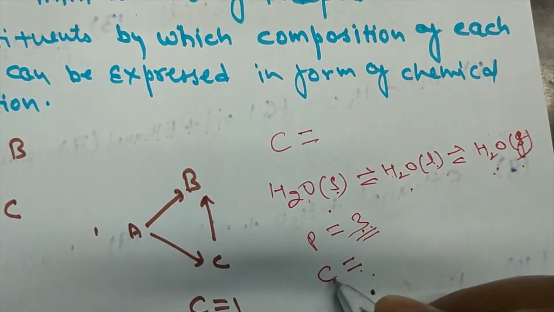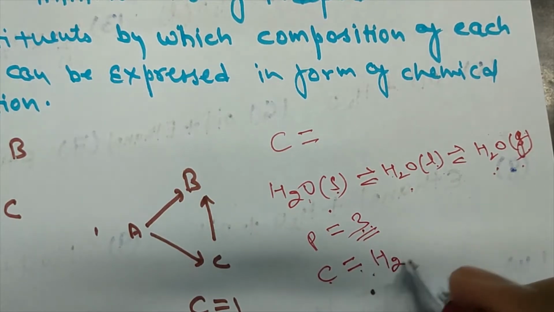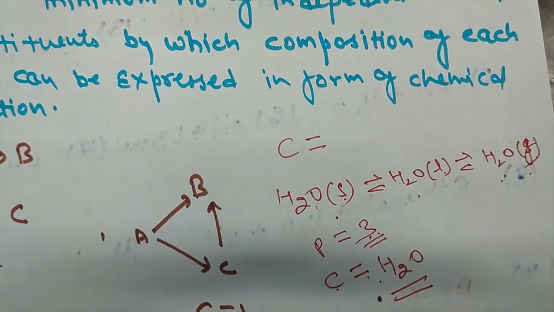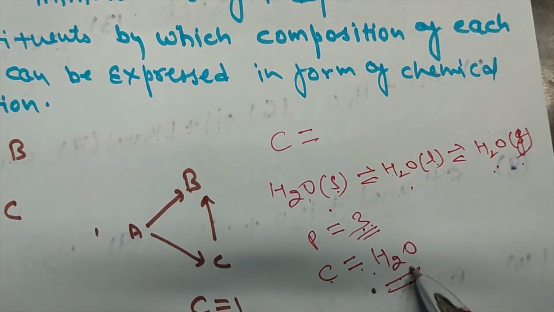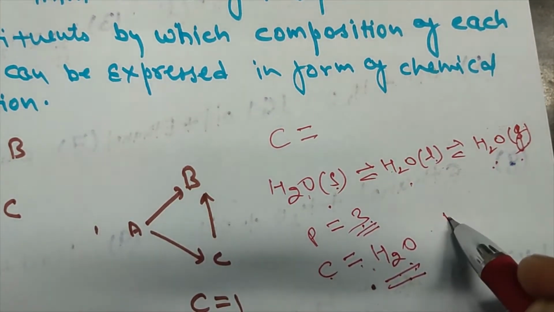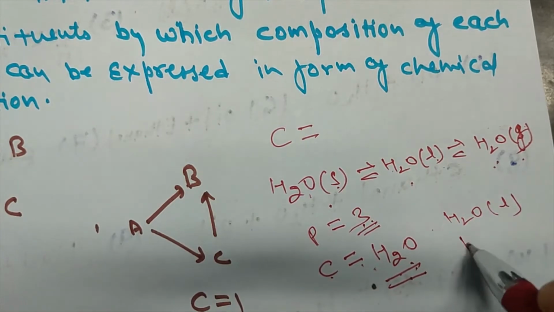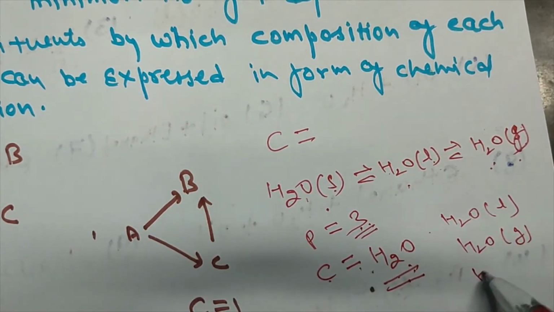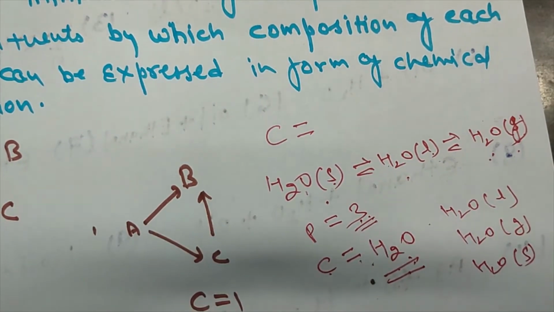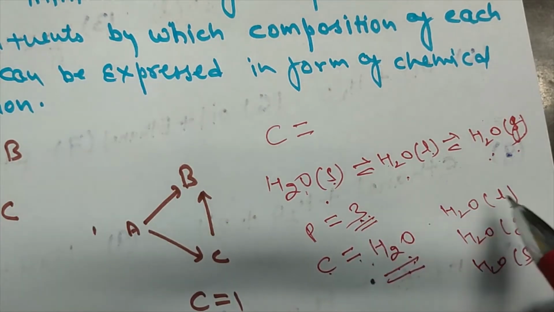Like what I'm saying, I have taken H2O as a component, as a chemical compound. This H2O, and we have 3 phases: H2O liquid, H2O gas, H2O solid. The phase will be 3.